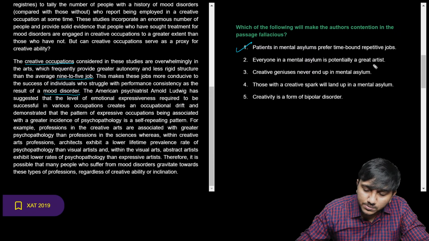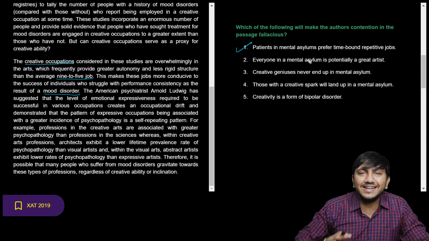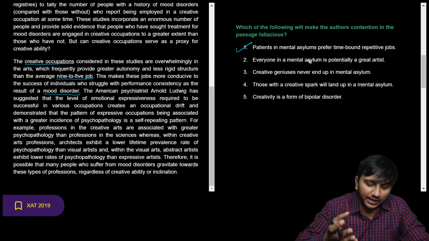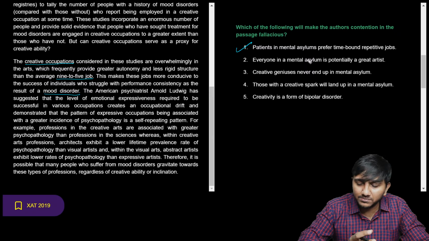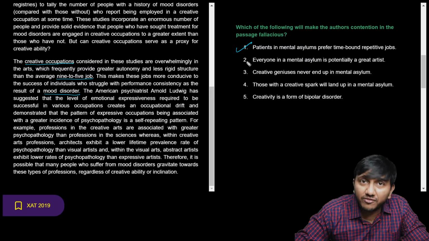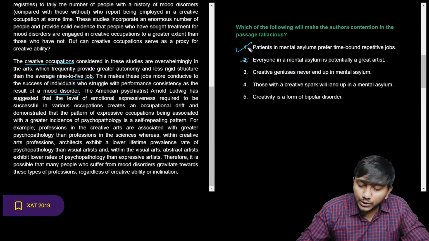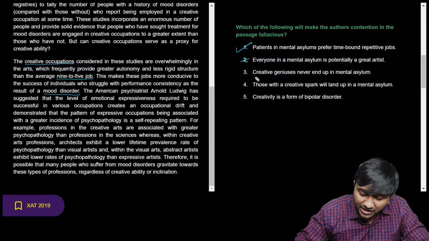Everyone in the mental asylum is potentially a great artist. That only tells that there could be some kind of a correlation between people who have psychopathological problems and art. So that will kind of buttress what the author is telling, kind of support. So we cannot say that's going to make the author's contention fallacious.